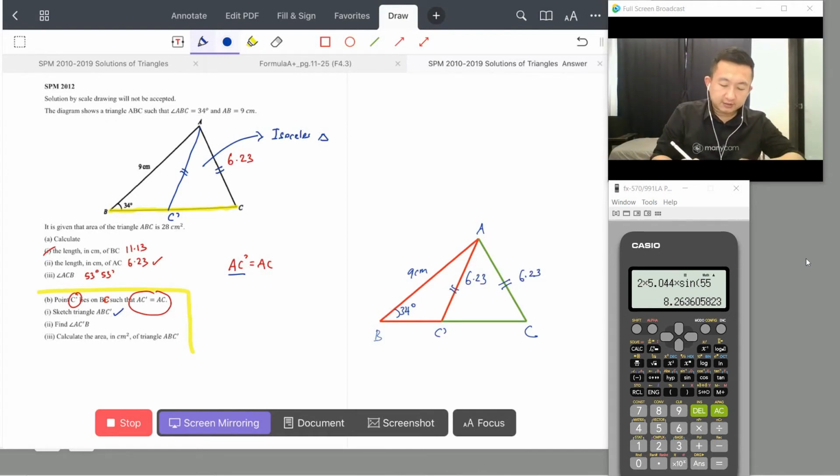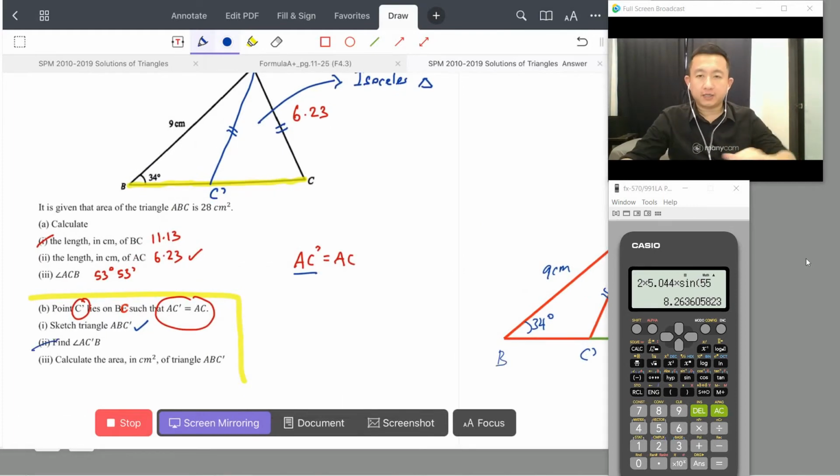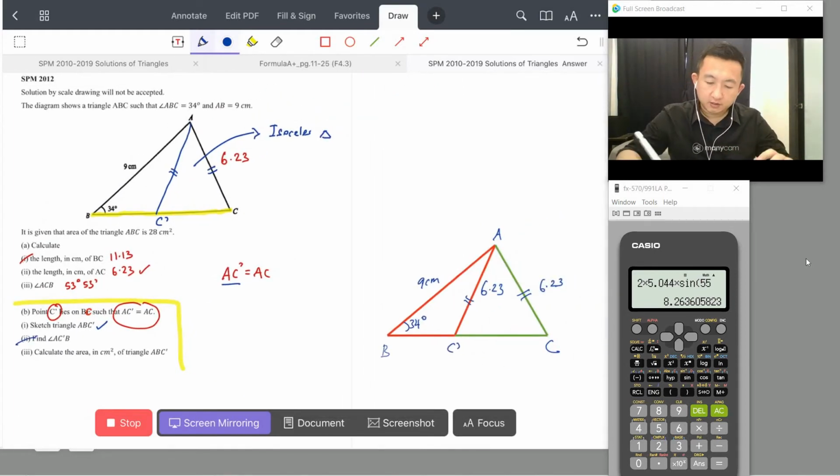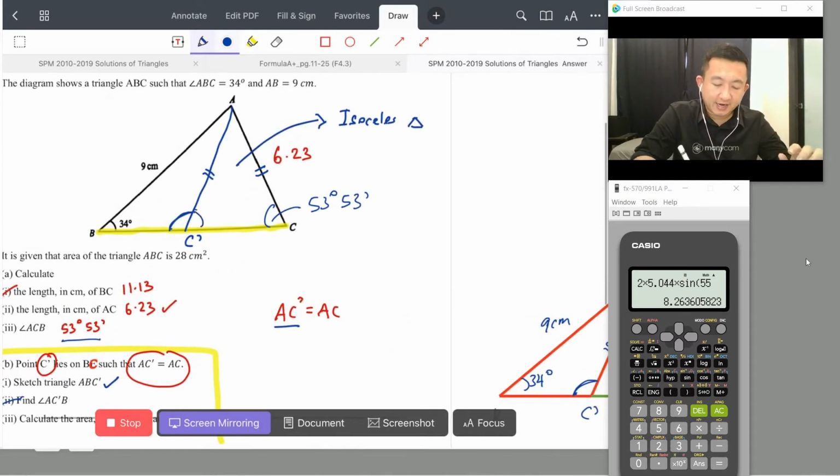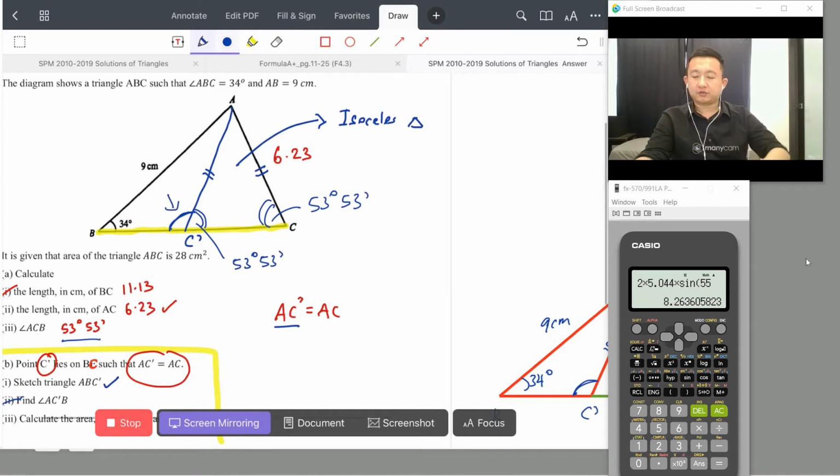And then we look at, again, finding the new angle AC prime B. You need to find it here. And see what we have. We know that angle ACB here is 53 degrees 53 minutes, and this is an isosceles triangle, so this one will also be 53 degrees 53 minutes. So is it possible to find this one? Yes, right? Straightforward.